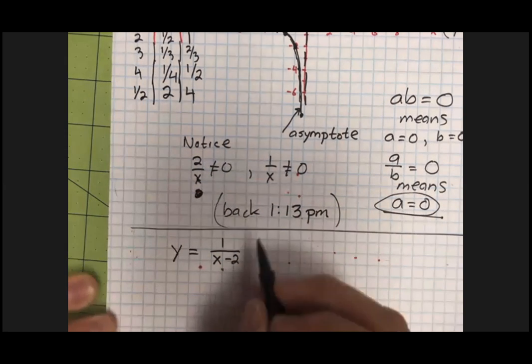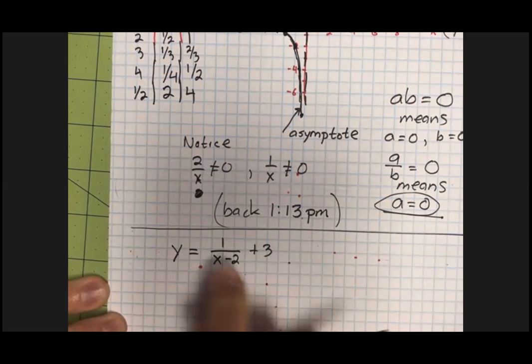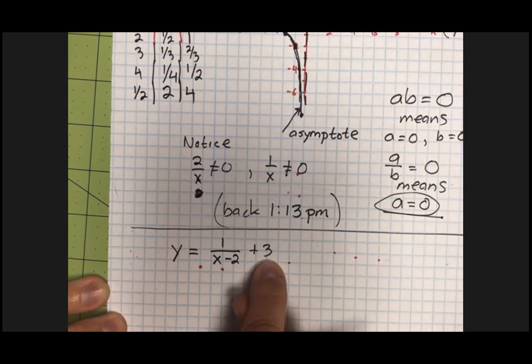So what happens when I subtract 2 from the x, but add 3 on the outside?